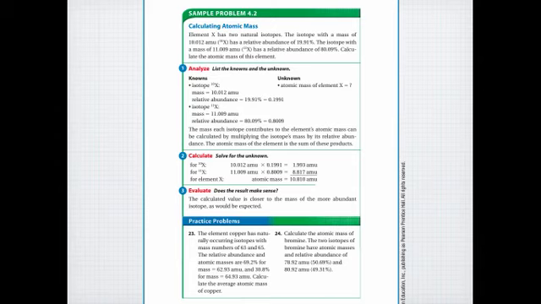So if you go down to where they calculate, you can see they're taking the 10 times the 19% as a decimal, so 0.1991. That multiplies out, gives you 1.993. Second one, they're taking 11.009 times 0.8009, and that equals 8.817. Together, you add them up, you get 10.81. And that should make sense that it's closer to 11 than it is to 10.